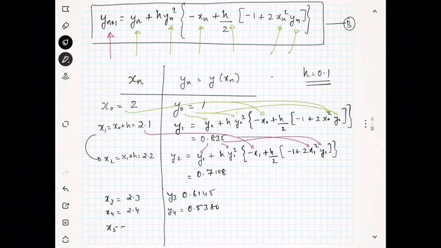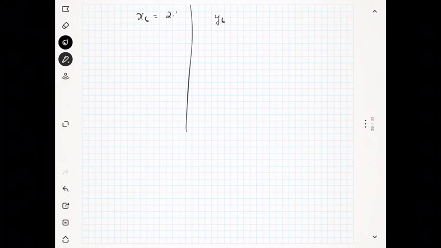Then x_5 is nothing but 2.5, because h is 0.1, so it is very easy to calculate. And y_5 you will get 0.4761. Similarly, you can calculate x_6 and y_6. x_6 is 2.6 and y_6 you will get 0.4250.